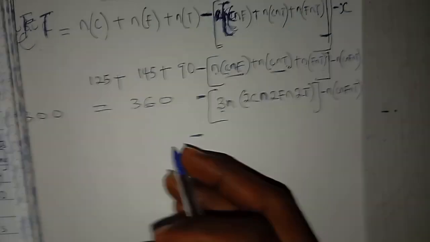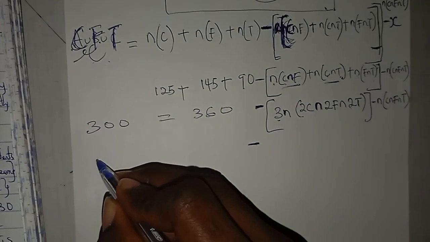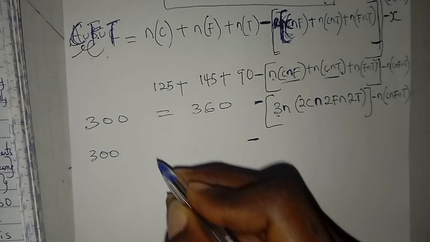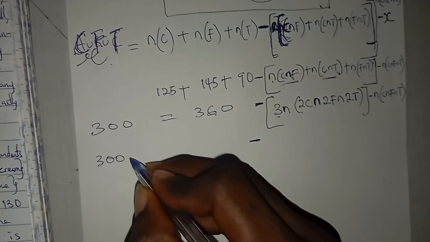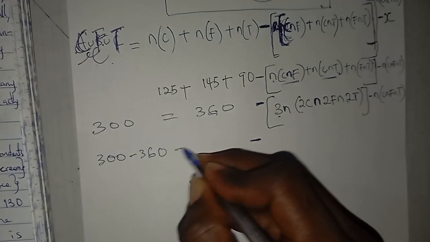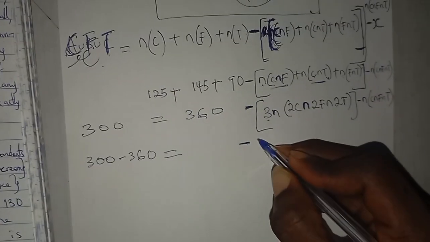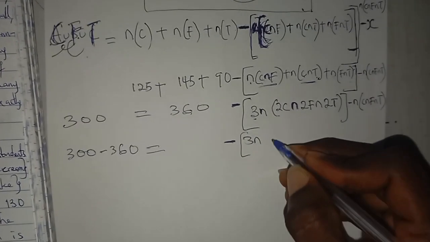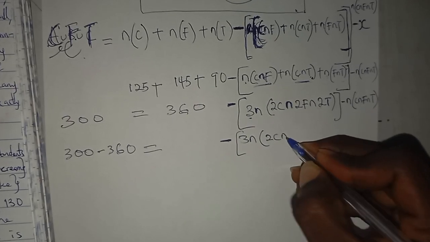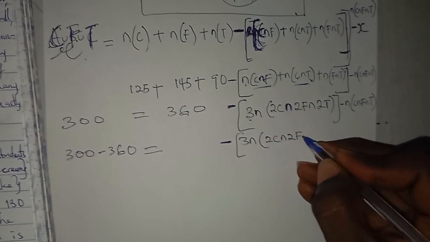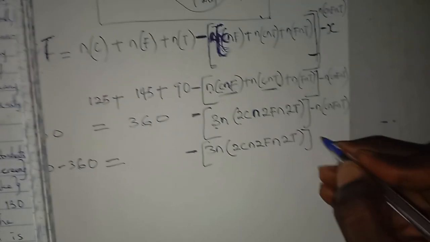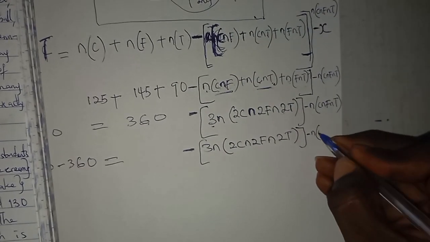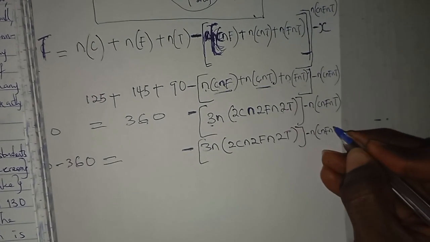So notice this is the same thing as saying 300. Okay, at this point I can cross this over, so it becomes minus 360 is equals to minus 3n, 2c intersection, 2f and 2t. If you rush and open your brackets, you will not obey the algebraic laws.